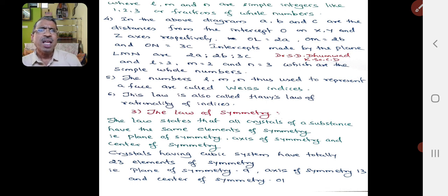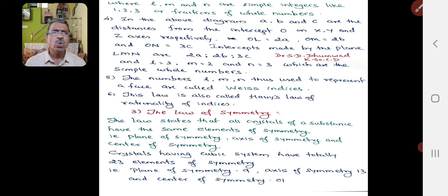The numbers L, M and N thus used to represent a face or phase are also called Weiss indices. So Weiss indices are nothing but the integers that tell us about the distances from the origin on the x, y and z axes.